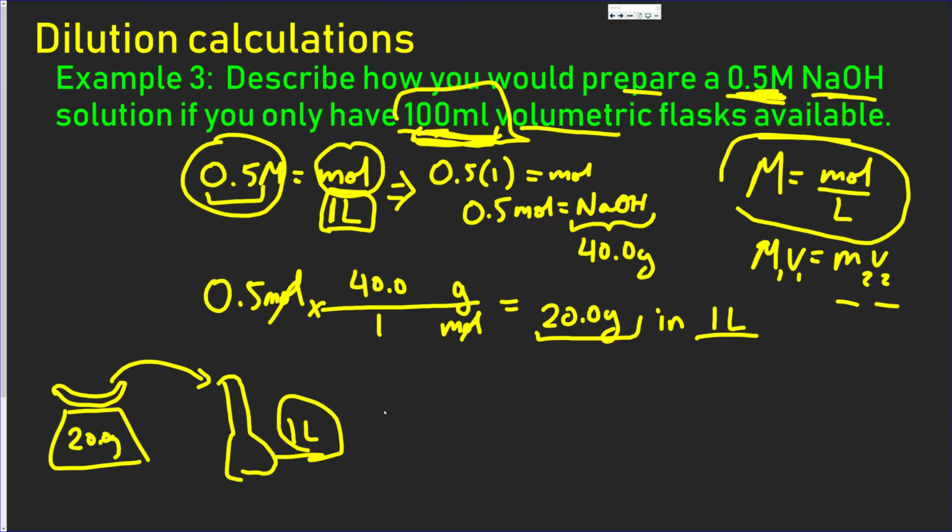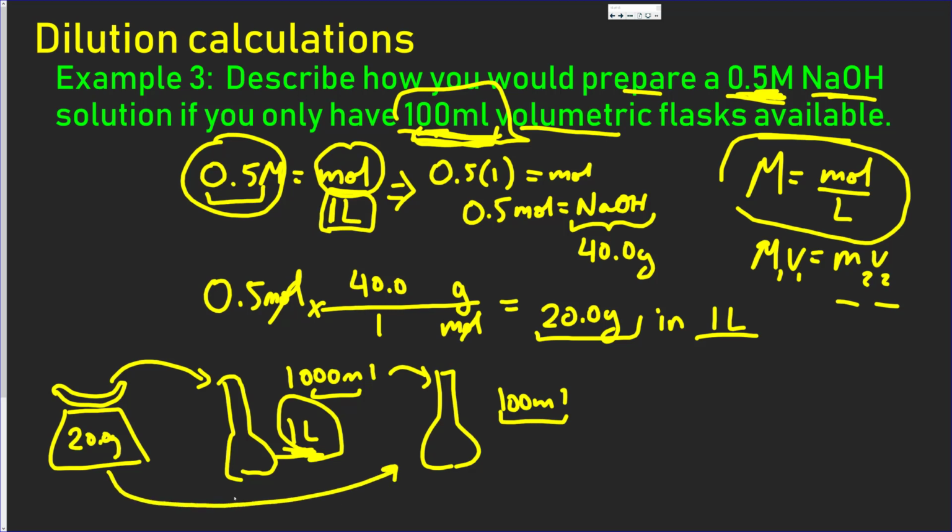So now we have to do some math and scale this down. Because 1 liter is 1,000 milliliters and we only have 100 milliliters, we have to divide 1,000 by 10 to get to 100. So we also have to divide this 20 grams by 10 to get to 2.0 grams to put into 100 mL. Let's recap.